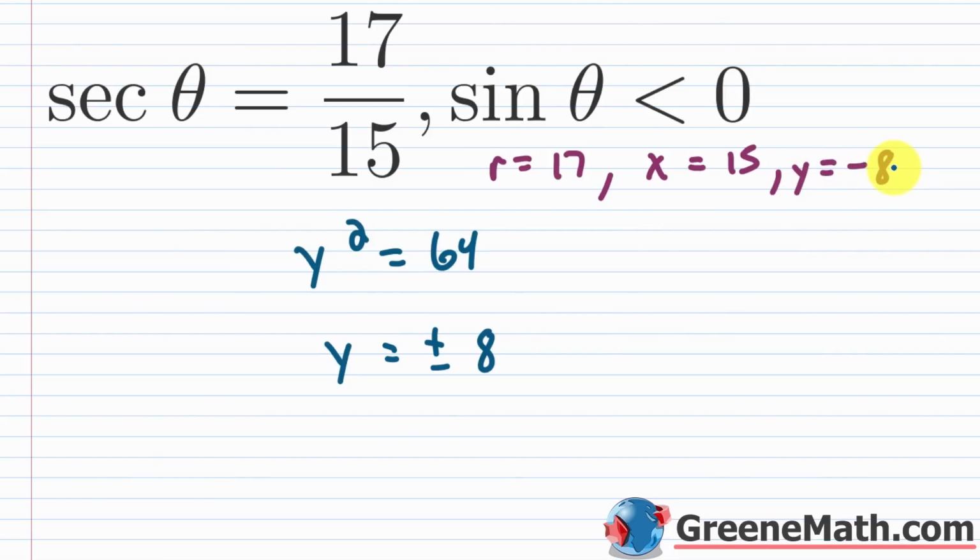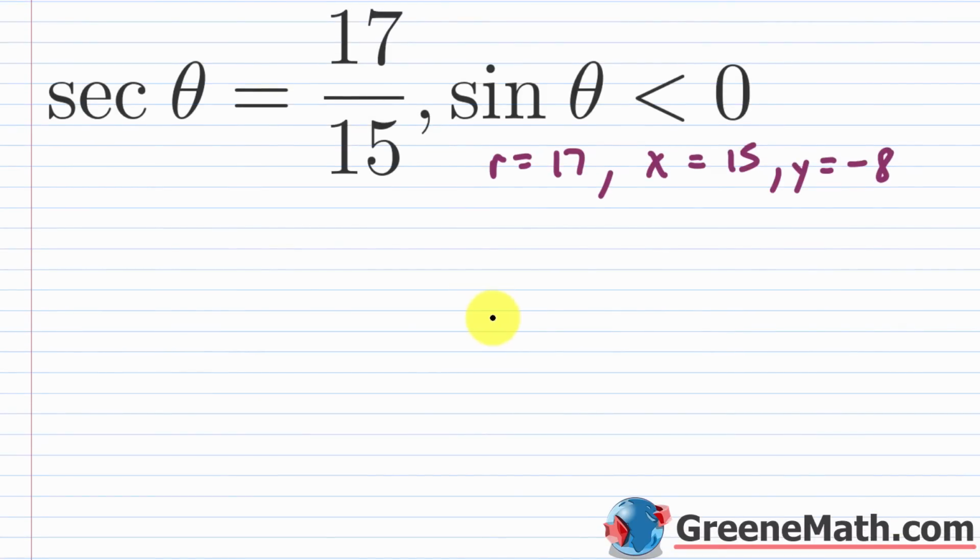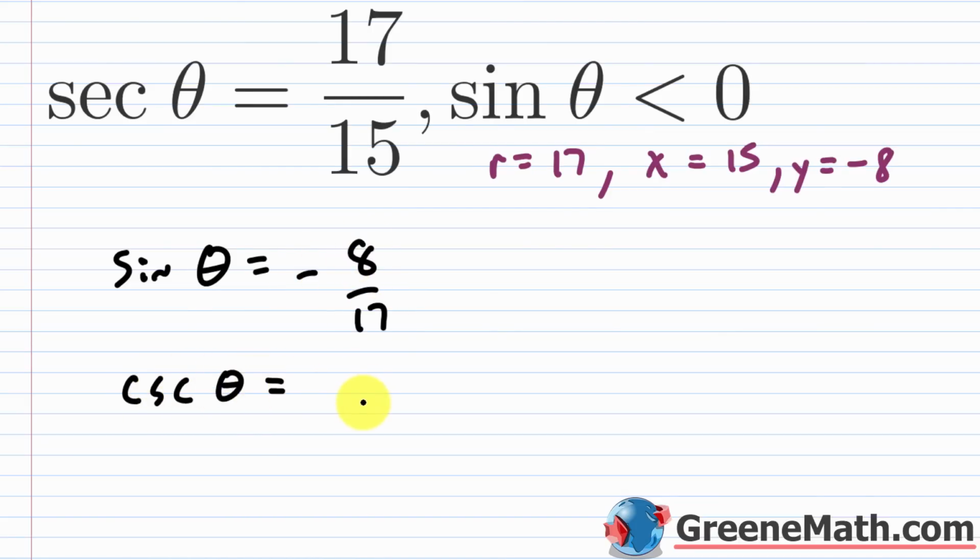So again, if you know your Pythagorean triples, it makes your work a little bit easier in some cases. And if you're a little bit shaky on that, then you can just go through the scratch work. It's not that big of a deal. So let's come down here and let's go ahead and say that the sine of theta is going to be y over r. So this is -8 over 17. So then the cosecant of theta is going to be the reciprocal of that, so -17 over 8.